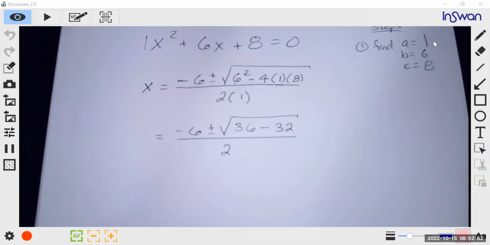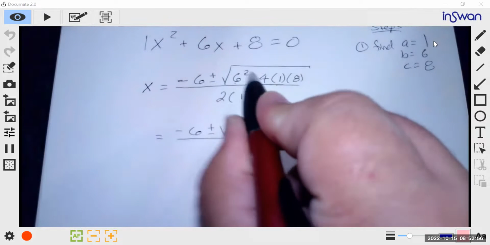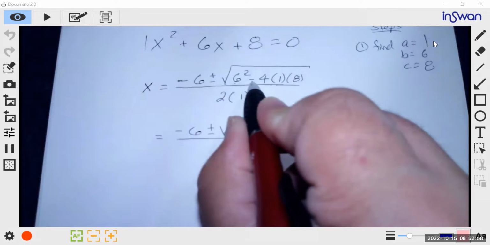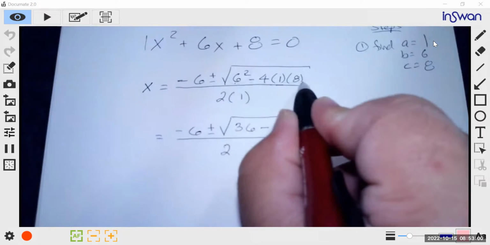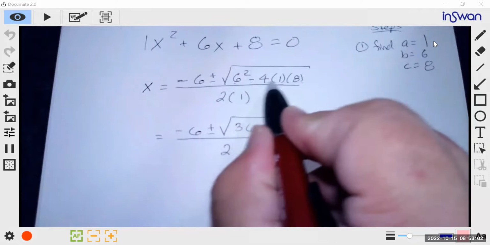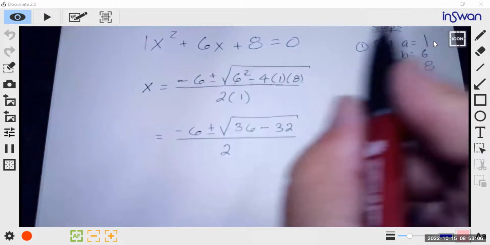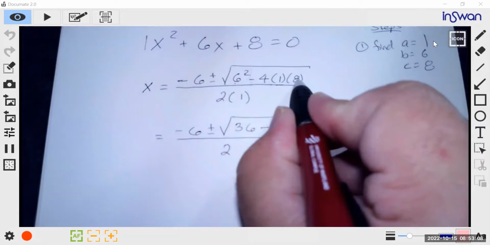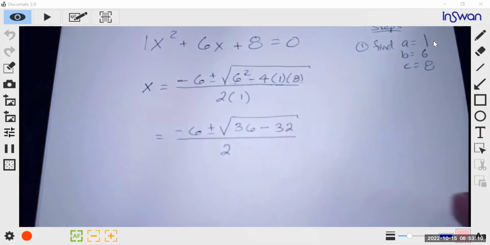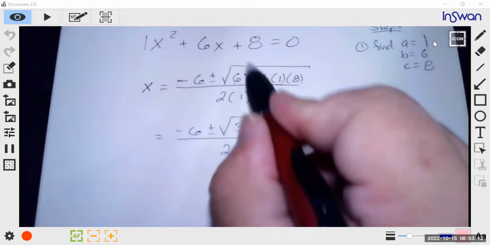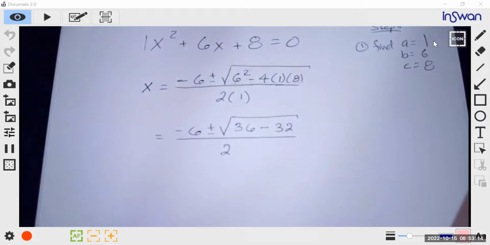Did you do negative 4 times 1 first, or? Yes, because I did the 6 squared, and then I could do all these together. So I did negative 4 times 1, and that gives me negative 4. Negative 4 times 8. Or I could do 1 times 8 and negative 4 times 8. But yeah, you do those in two separate parts. Okay, thank you.